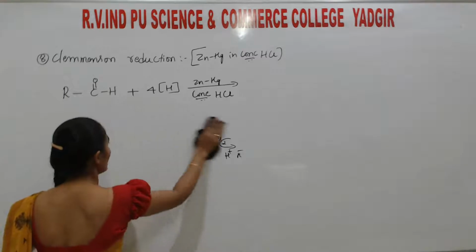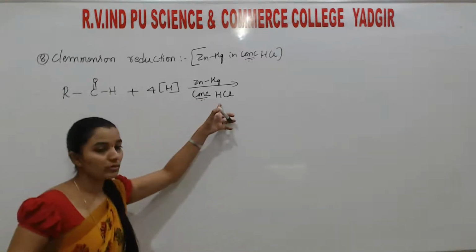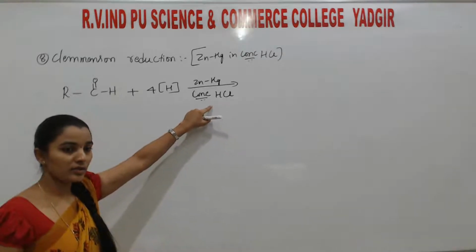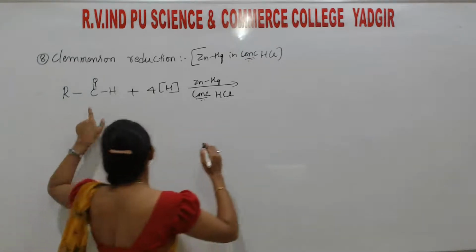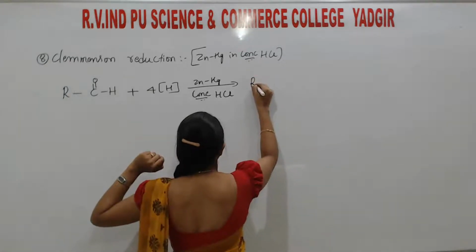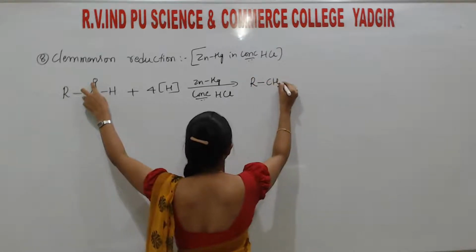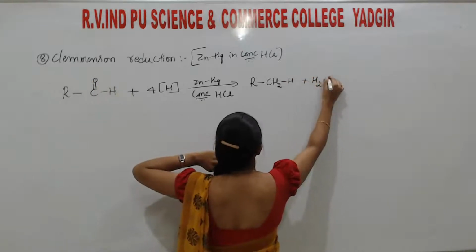That's why I wrote here 2 moles of H. Here we use concentrated HCl. Concentrated acid has more affinity towards water, so they form R CH2 plus H2O.